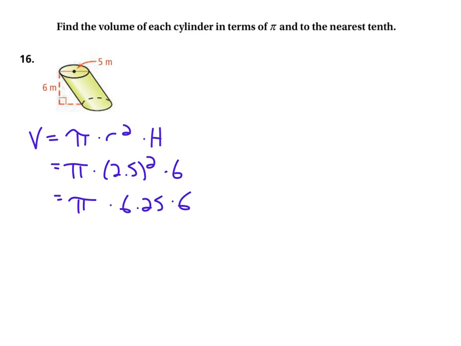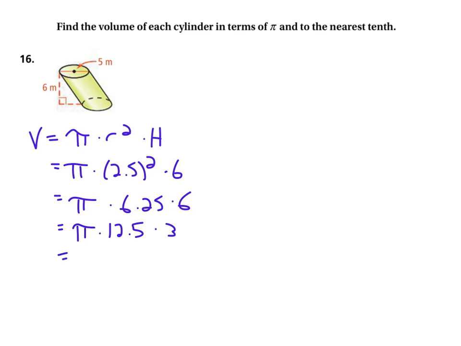Okay, so let's do our little trick with pi for a second. I'm going to take half of 6 to get 3, and I'm going to double 6.25 to get 12.5. Of course, that's all times pi.